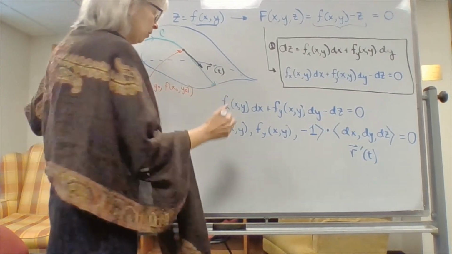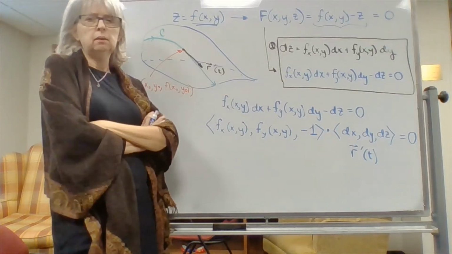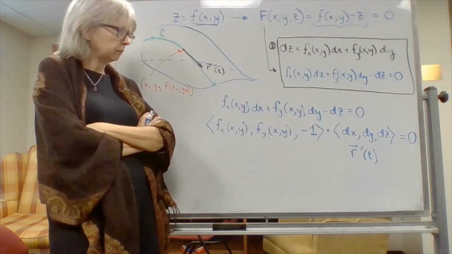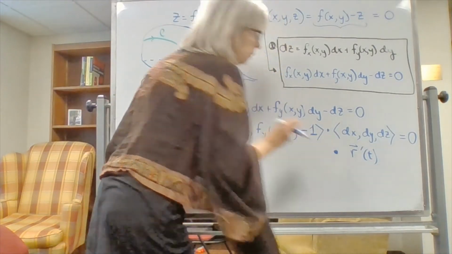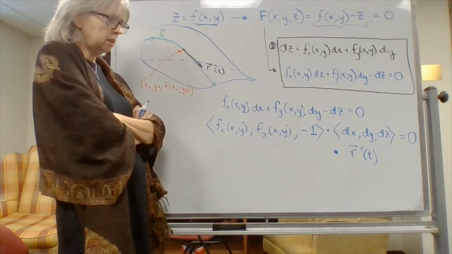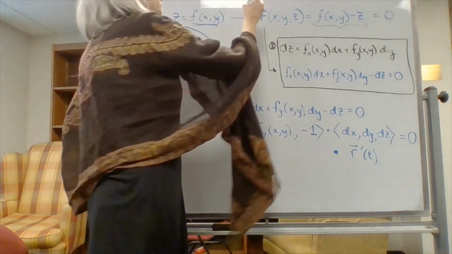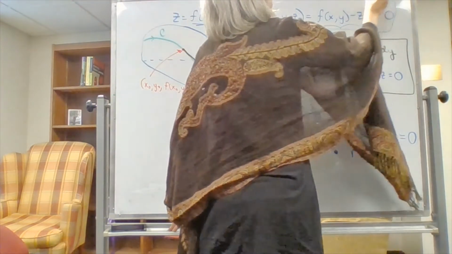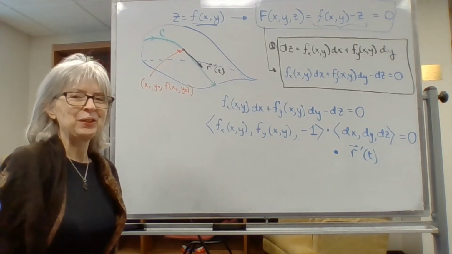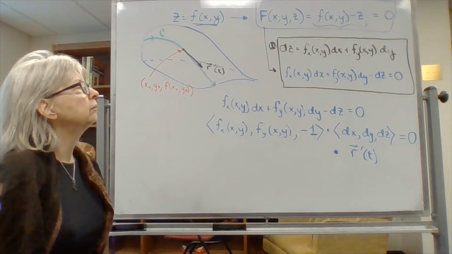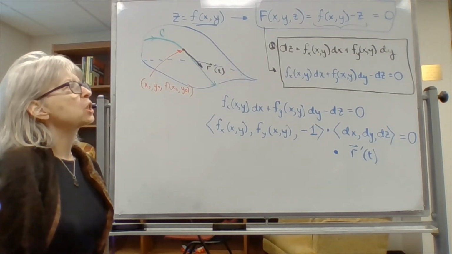And then this thing here, I'm going to rewrite this in a shorthand form. There's going to be a dot in front of that r prime. I want to go back up here to where I said, oh, let's just rewrite little z equals the original little f of x, y as little f of x, y minus z.